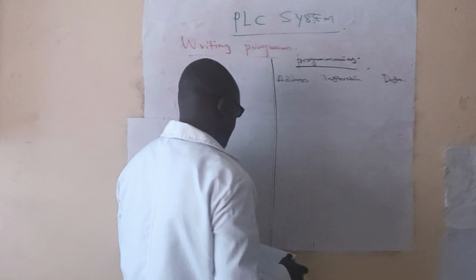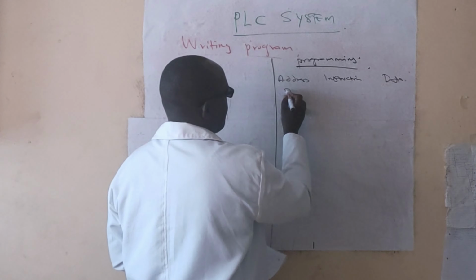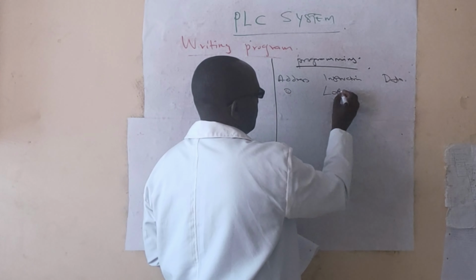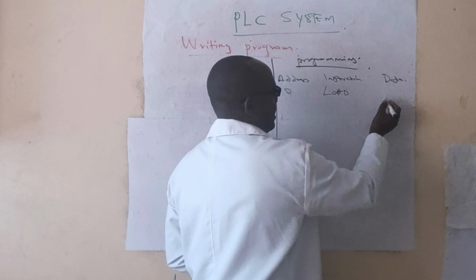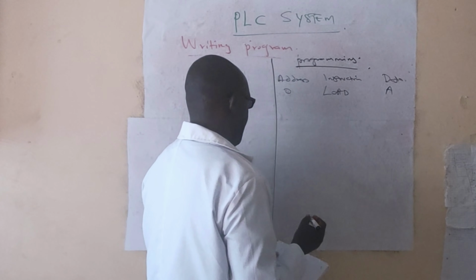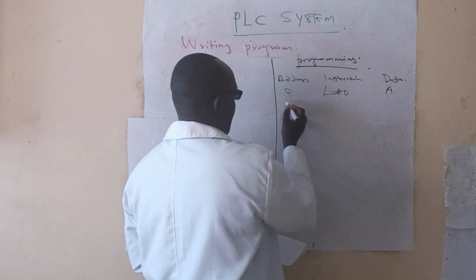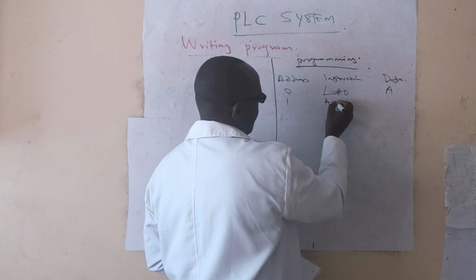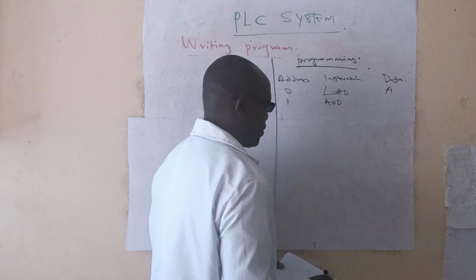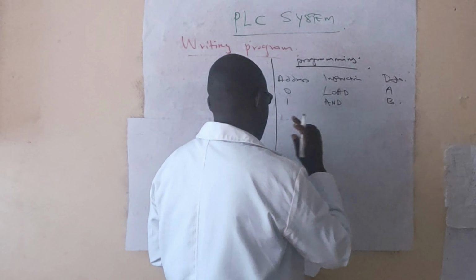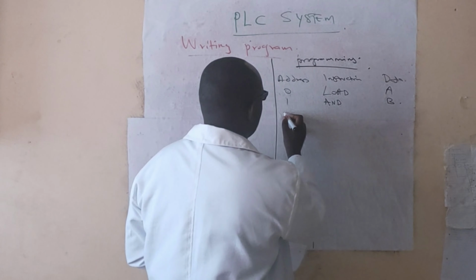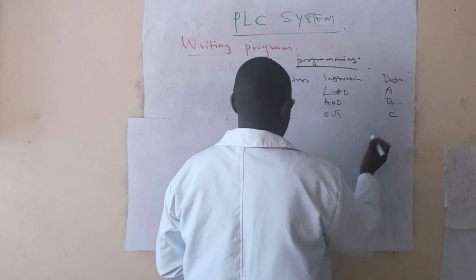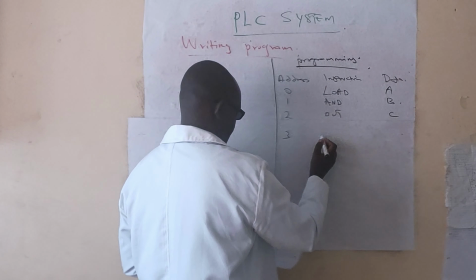The address is the initial one we are supposed to load, and then the data is A, then 1, then we say AND, that is also our instruction, B, and then 2 is OUT, C, and 3, then it ends.